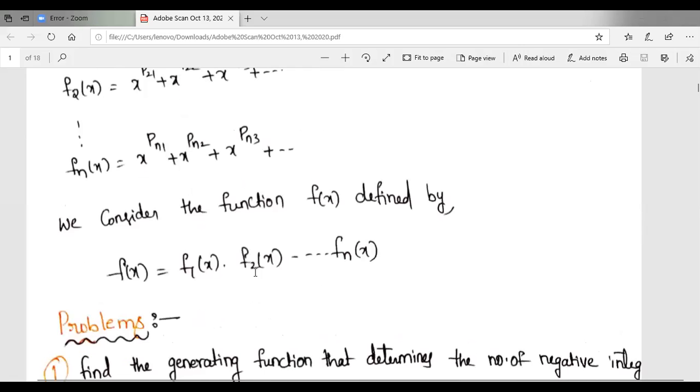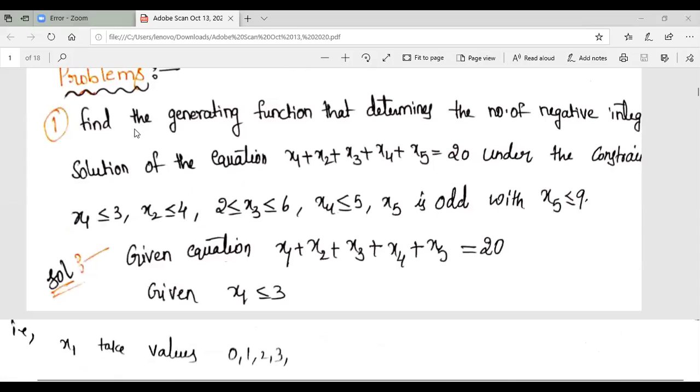So, next problem. Find the generating function that determines the number of integer solutions of the equation x1 + x2 + x3 + x4 + x5 = 20.